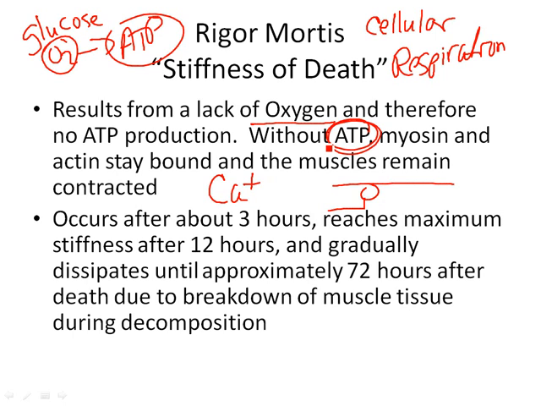So what happens when you die, you don't have oxygen anymore, there's no ATP production, and that allows actin and myosin to stay bound and to stay contracted. They're fully contracted, and so you get that really stiff rigor mortis. It usually occurs about 3 hours after you die. It kind of maxes out about 12 hours. And then somewhere between 12 and 72 hours, you'll start to relax.